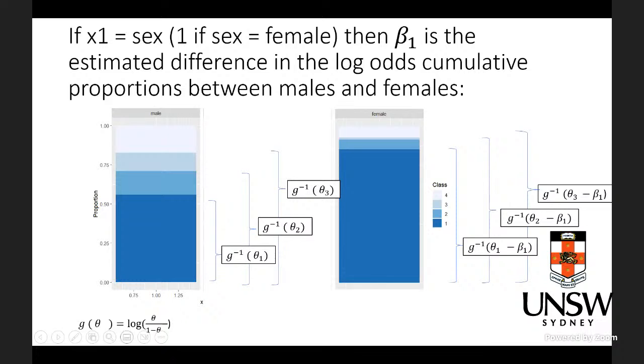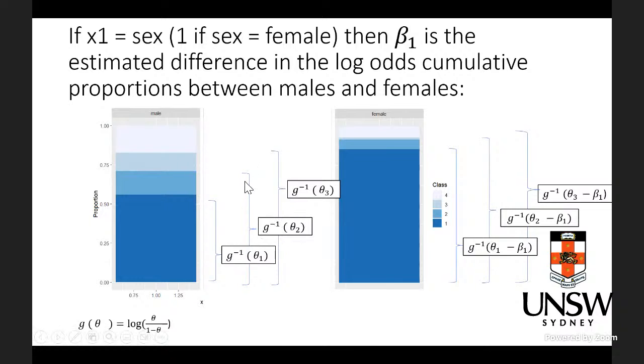If you call this the link function, then this is the inverse link of theta in males, because males are the intercept in this model.